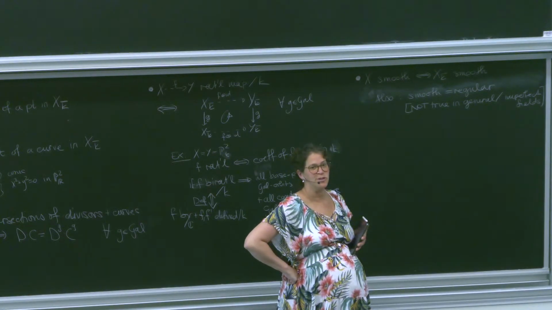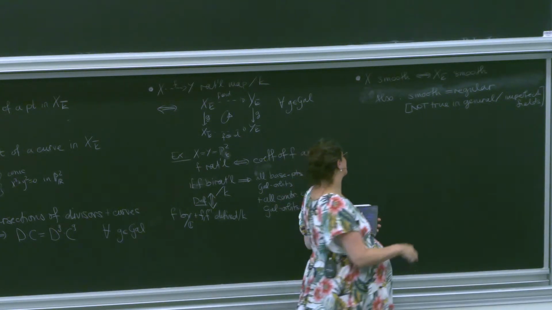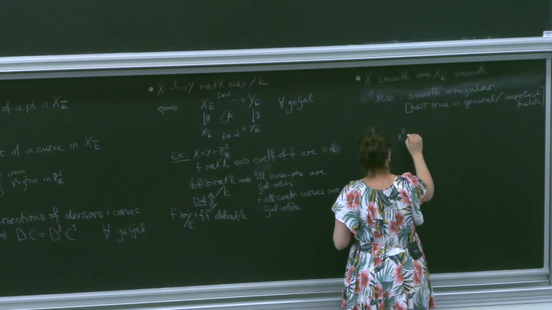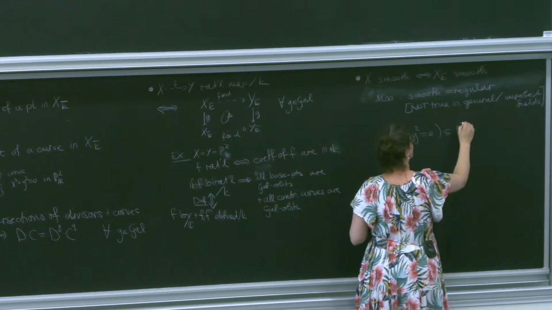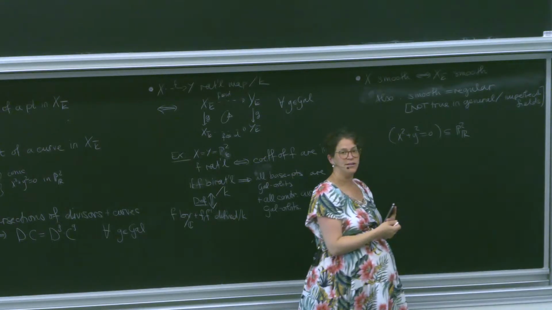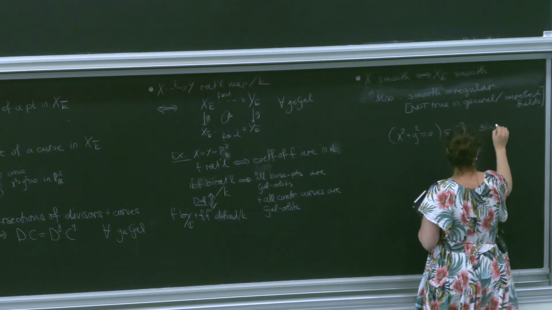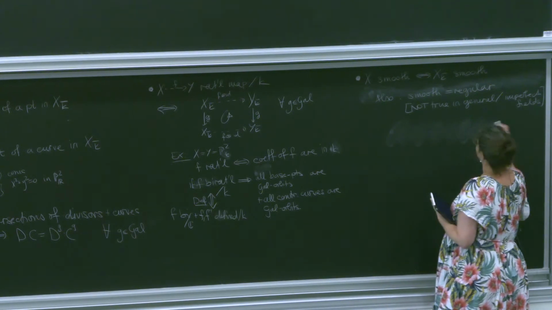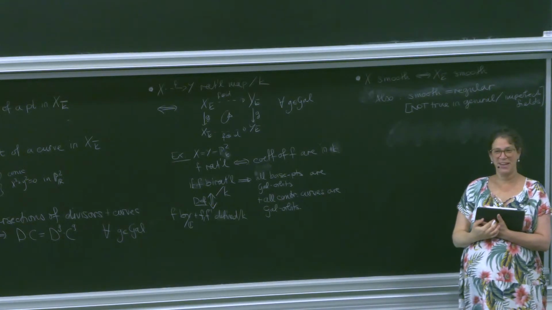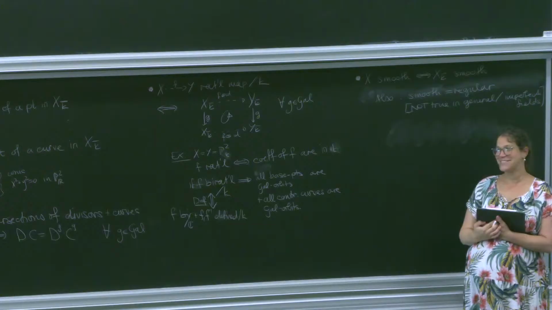It is not smooth over R. Not a smooth conic over R. There's a singularity. So this in P2 is singular. Yeah. Any other questions or comments?